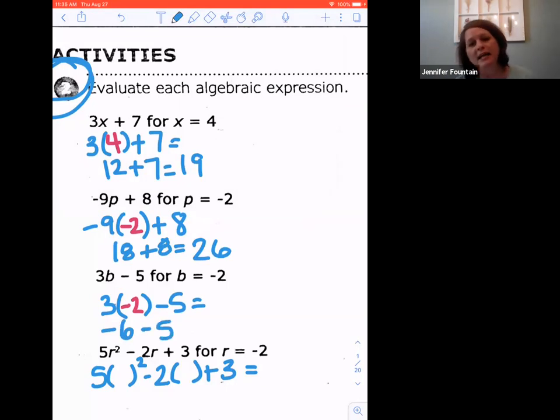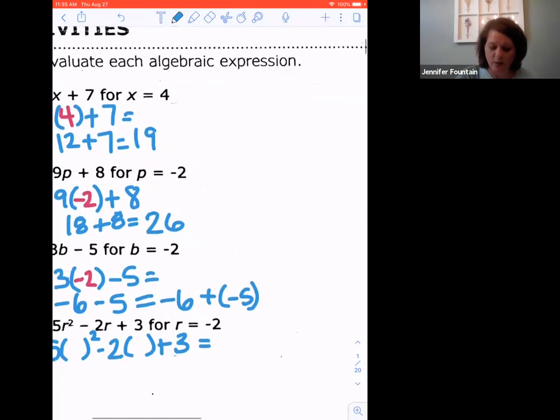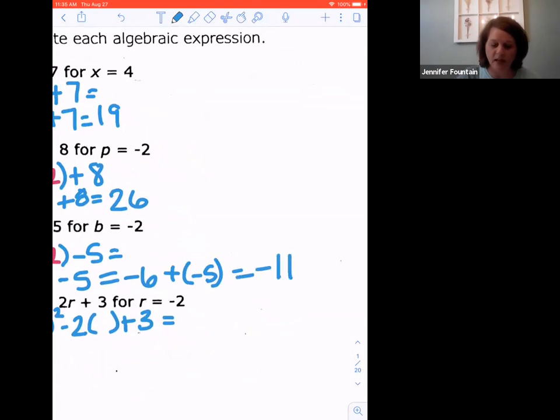Okay, remember, if I have a negative and I'm subtracting more, that means I'm going to end up with a larger negative. Or if you would like to rewrite it as adding the opposite, you would have -6, whoops, that's a 5, -6 plus a -5. Whichever way helps you see it the best. So then that way you end up with -11.